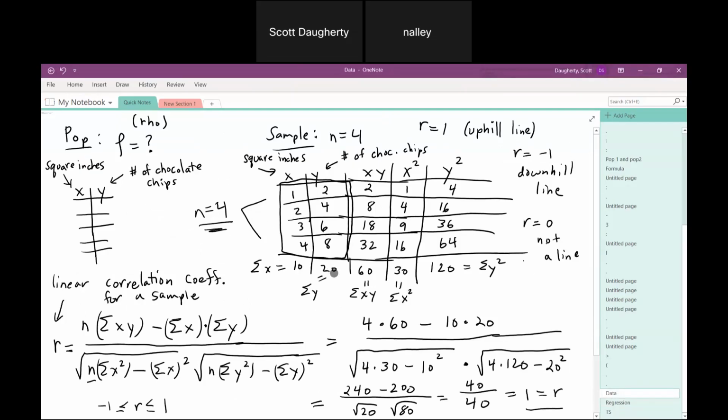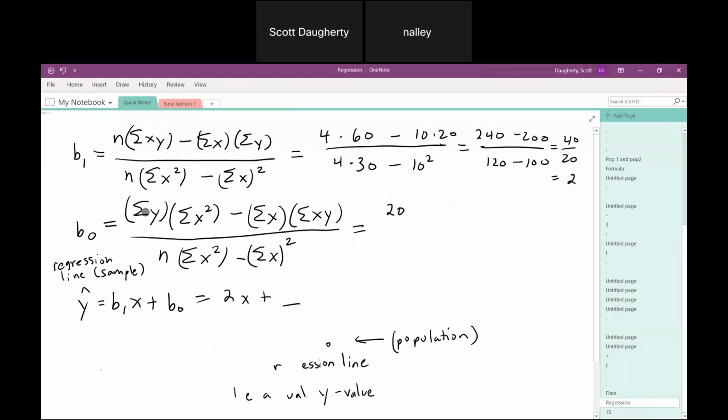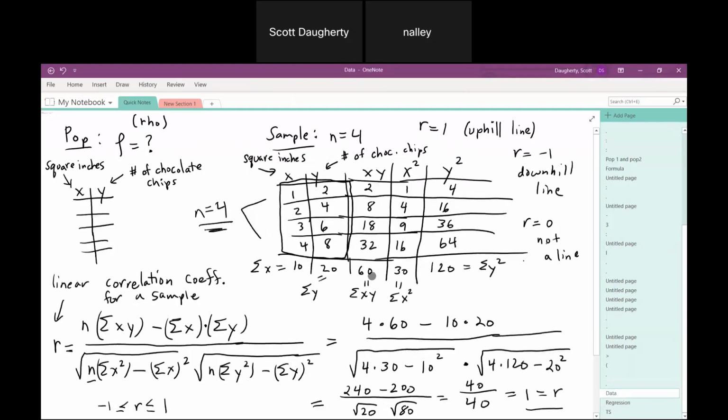And the sum of the y's was 20, right? So this was 20 and this was 30. The sum of the x's was 10. And then the sum of x times y, right? So you say x times y and then sum those up for each ordered pair. And that added up to 60.